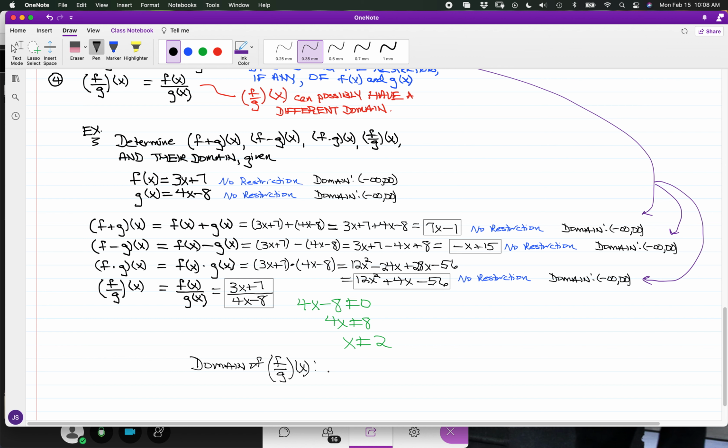Translating that into interval notation, you have parentheses around negative infinity and 2, for those values less than 2, and then bypassing 2, the rest of the domain of the quotient function is the set of values x greater than 2, with parentheses around 2 and positive infinity.